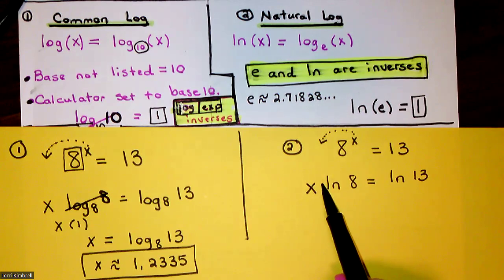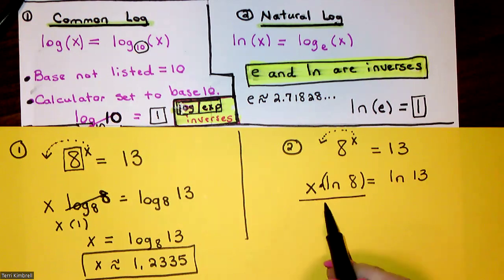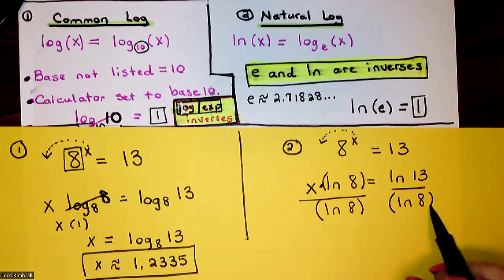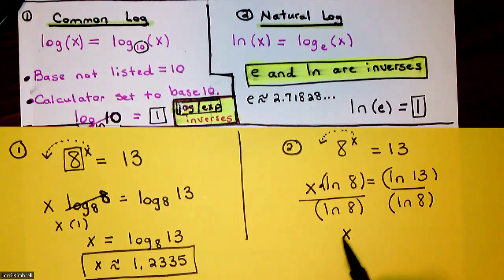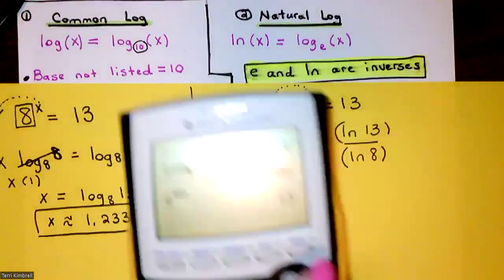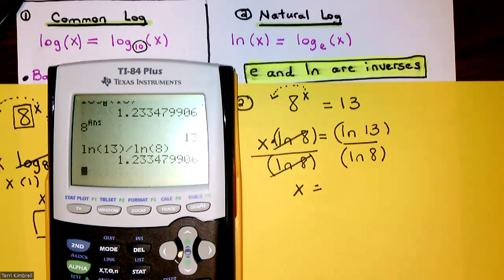Now, to be able to solve this, I can divide by this ln of 8, and then those two would inverse out that way. So I'm going to go to ln of 13, and I'm going to divide that by ln of 8.